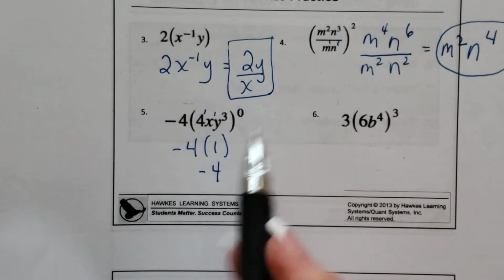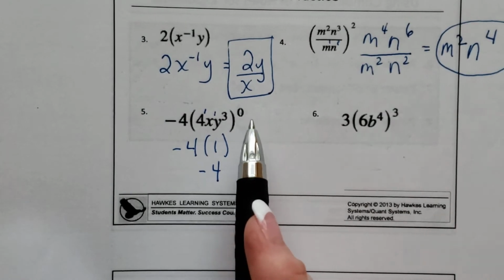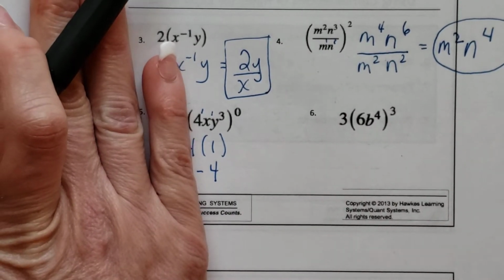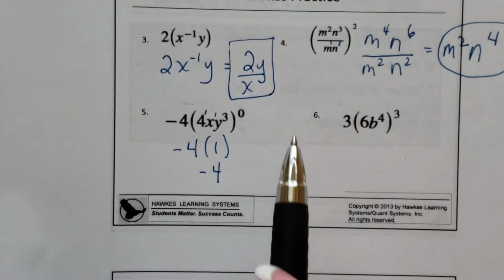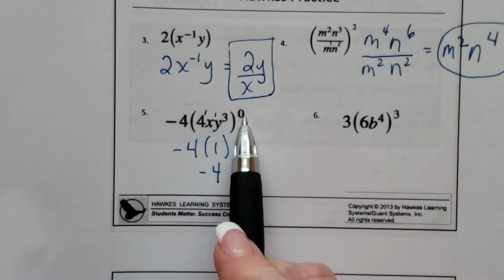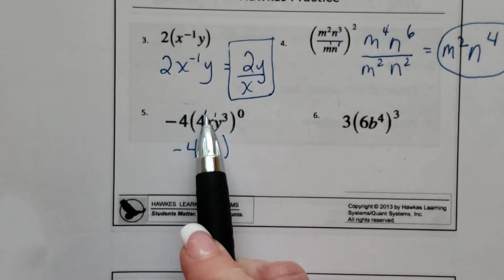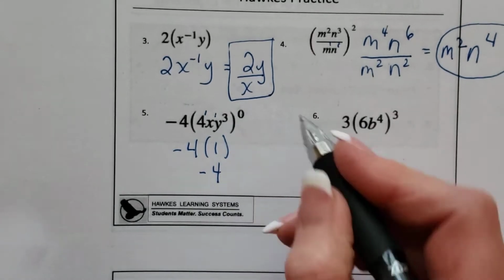Okay? So order of operations makes me do exponents first. So I can't multiply that 4 by anything in the parentheses until I deal with that exponent. So raising a power to a power means you multiply exponents. So if this exponent's 1, is it 1 times 0, 0?